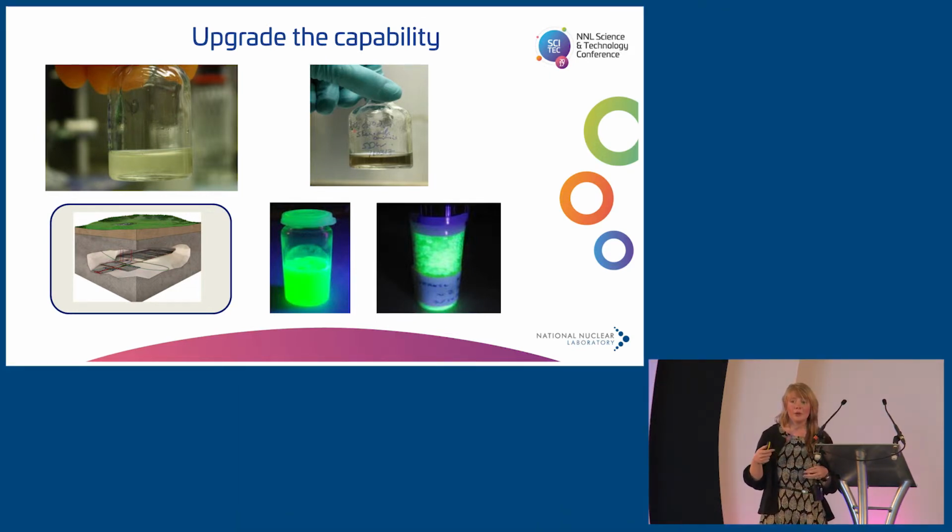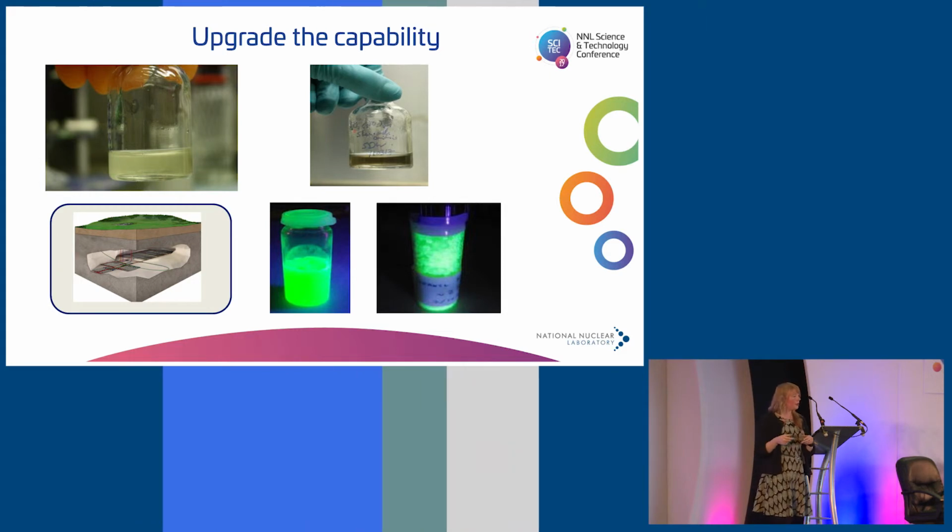These bacteria are important because they occur naturally in the environment, and they can reduce uranium in the +6 oxidation state to uranium in the +4 oxidation state. This is important because uranyl, uranium-6, is very mobile in the environment, whereas uranium-4 is less mobile. In the pictures here, uranyl is the left-hand picture, a yellowy colour, and uranium-4 is on the right-hand side, a black precipitate.